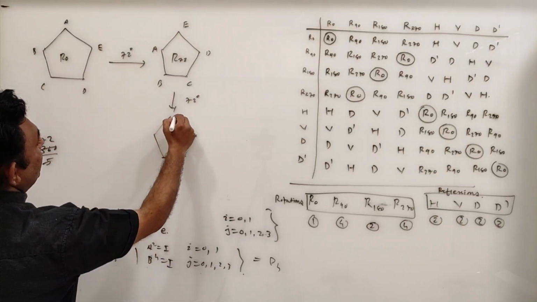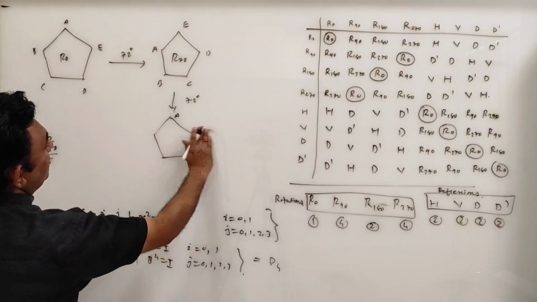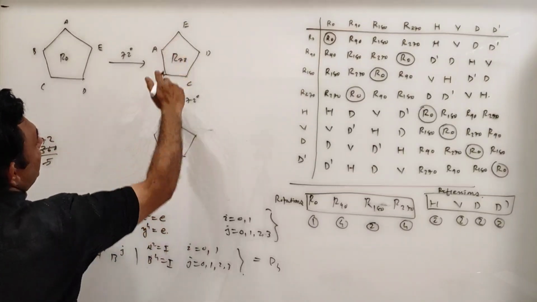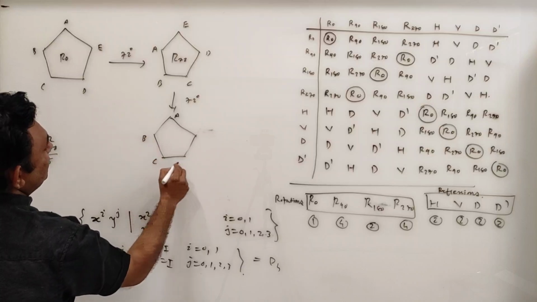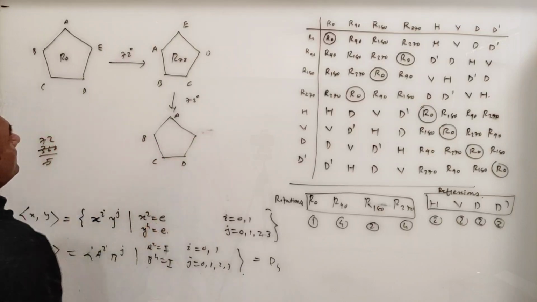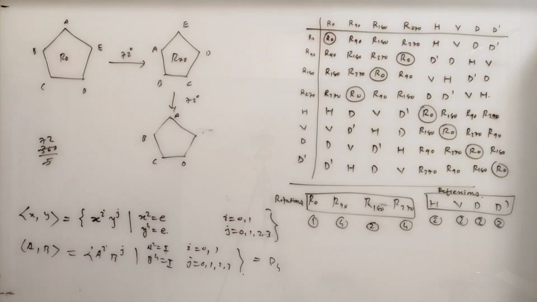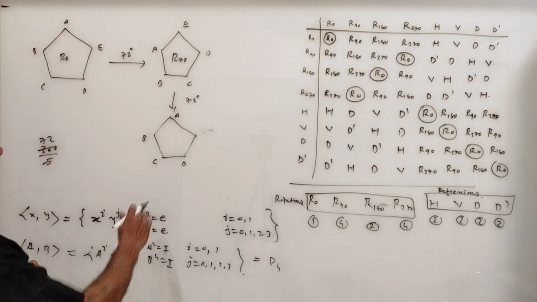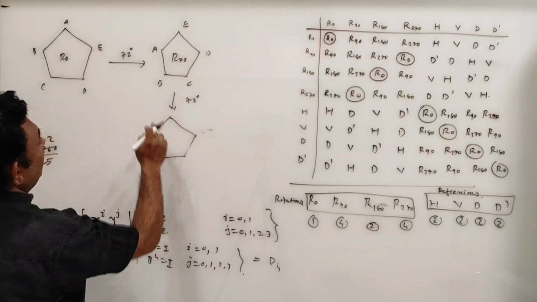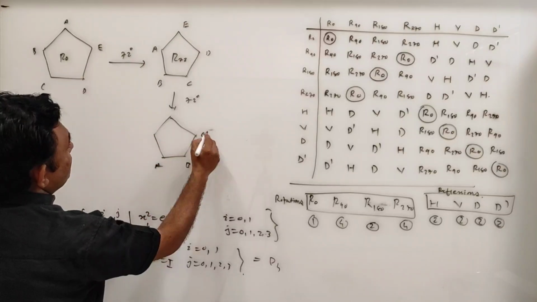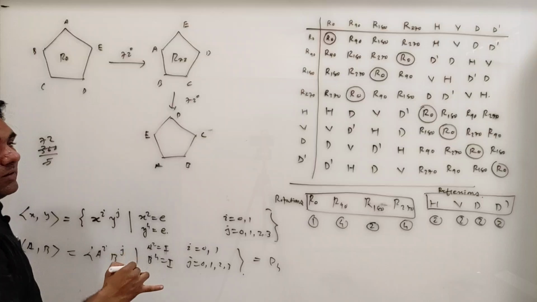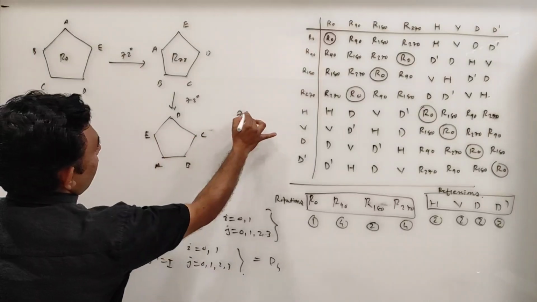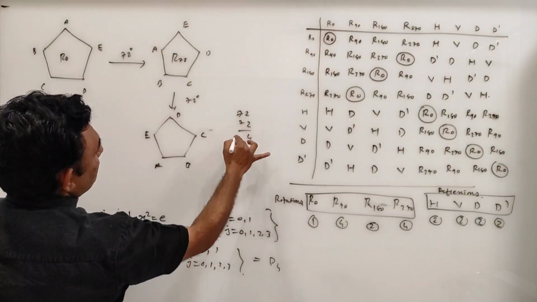A will be here. Sorry, A will not be here now. A will be here, A, B, C, D and E. So this is R72 plus 72, that is 144.